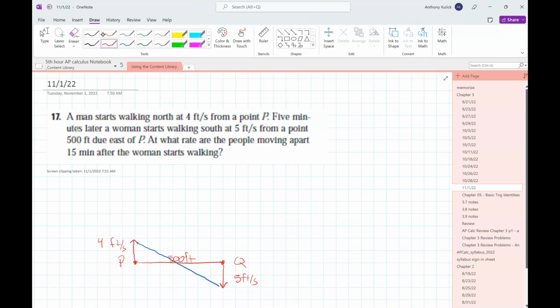Yeah, that's what I would be thinking, because really what this is going to come down to is this is like the 500-foot side. That's constant, right? That part's not changing. I'll call this side Z, and we'll just call this side X for lack of a better word. Is everybody okay with that?